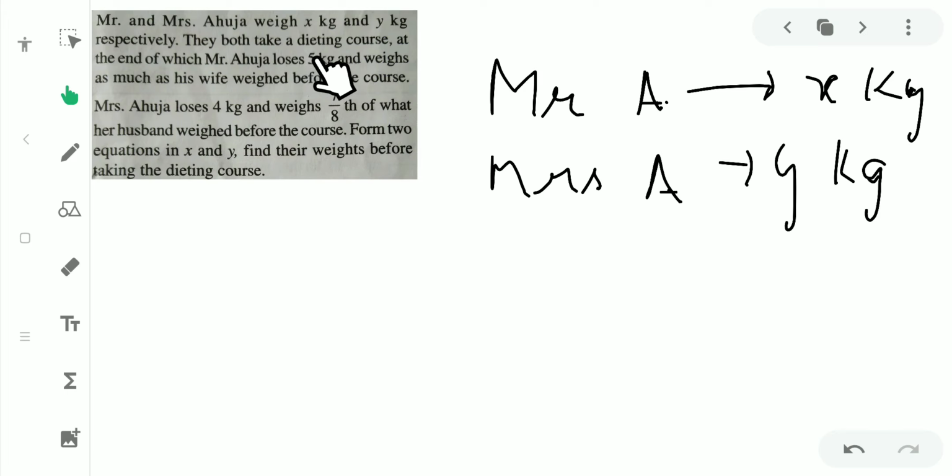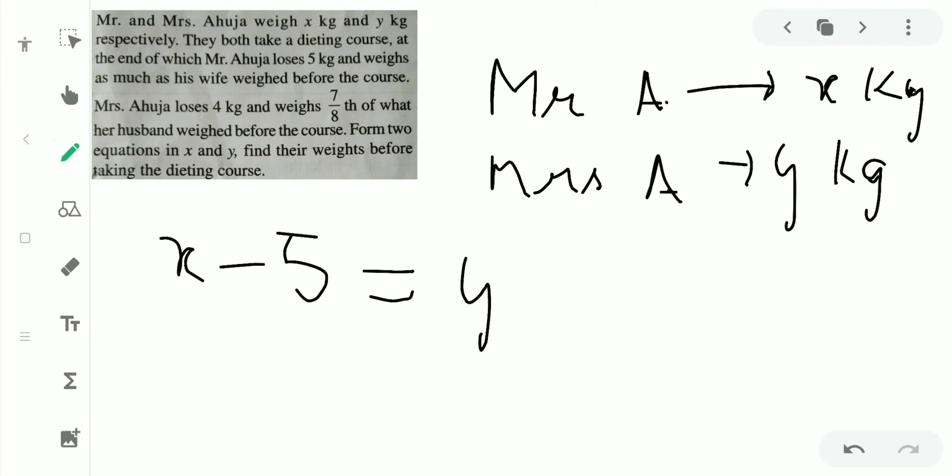They both take a dieting course, at the end of which Mr. Ahuja, who is X kg, loses 5 kg. So loses is nothing but minus 5, and weighs as much as his wife before the course. Before the course is nothing but Y. So we are taking X and Y before the course only.